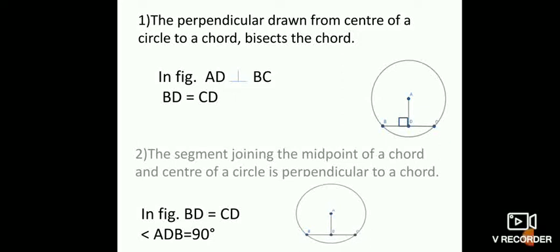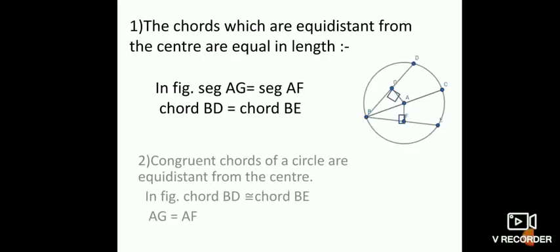We join the center A of the circle and the point D, which is the midpoint of the chord. Then it forms angle ADB and angle ADC, each equal to 90 degrees. It means the segment joining the midpoint of a chord and the center of a circle is perpendicular to that chord.